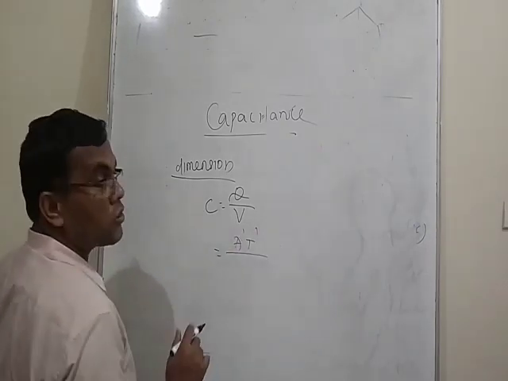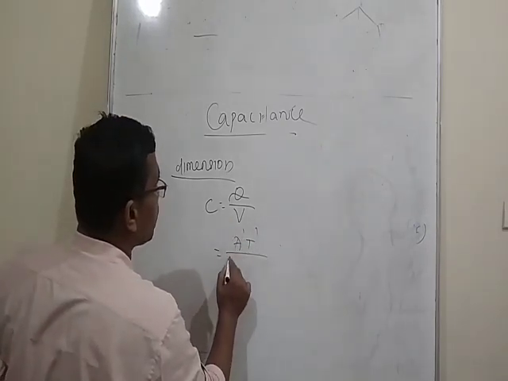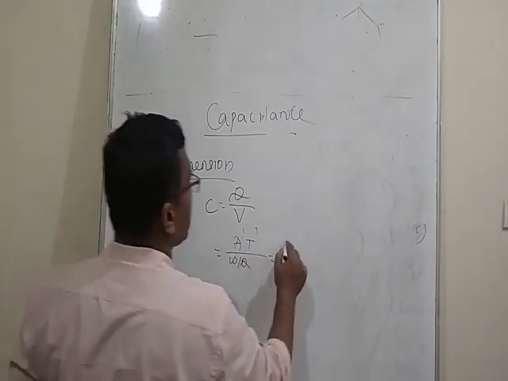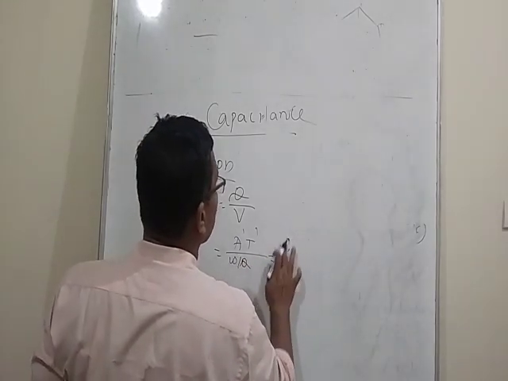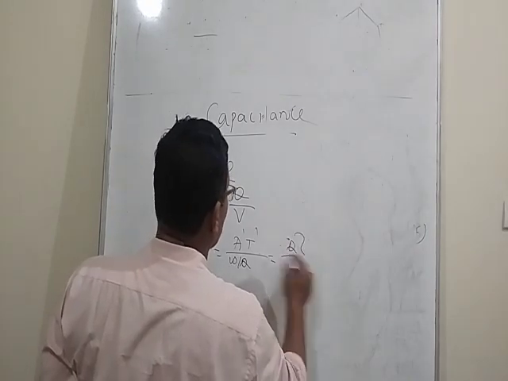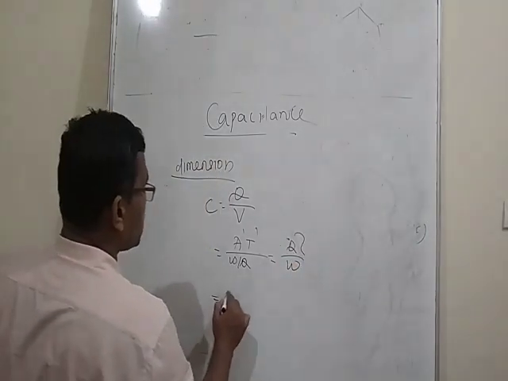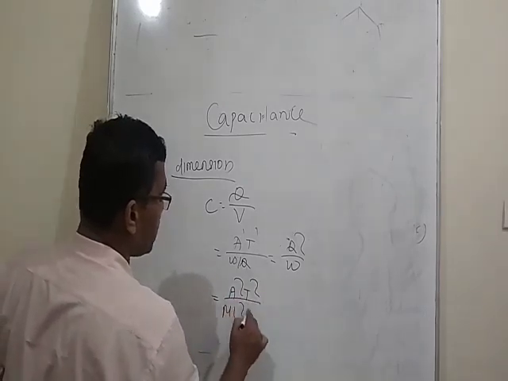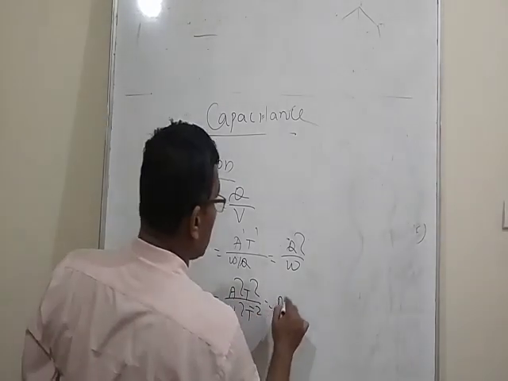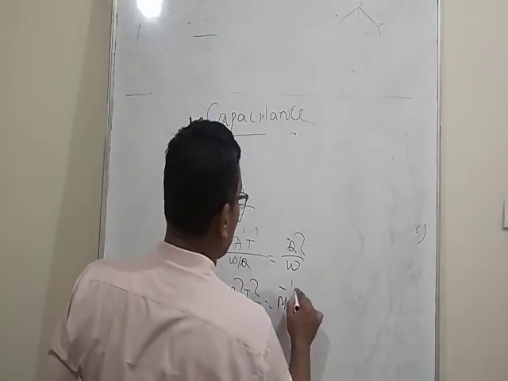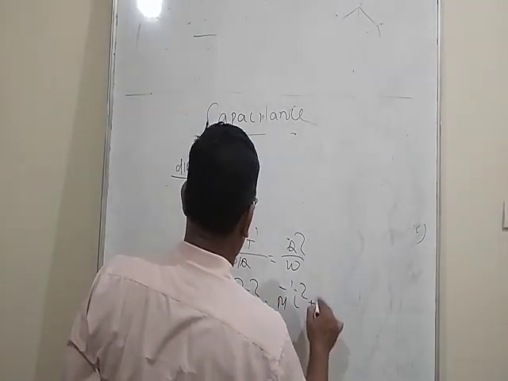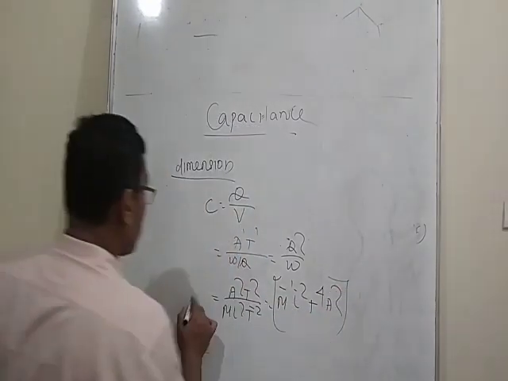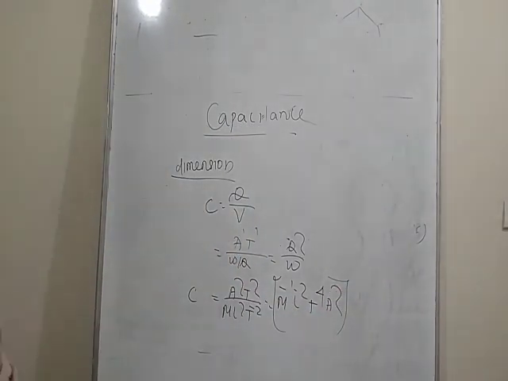If you don't remember the dimension of V, we can derive it. V is equal to W by Q, so V is W by Q, and capacitance is Q square by W. So this is equal to A square T square divided by M L square T minus 2, which gives M minus 1 L minus 2 T4 A2. This is the dimension of capacitance.